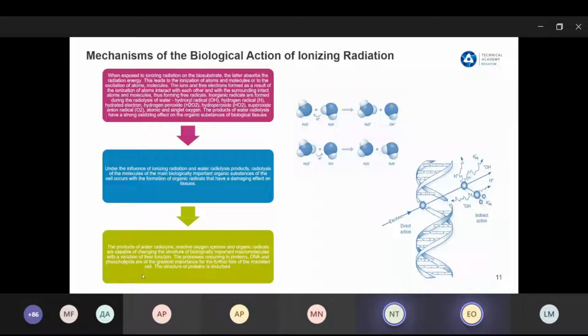As a result, a number of functions of biomembranes vital for the cell are disrupted: barrier, receptor, signaling, regulatory, transport, etc.